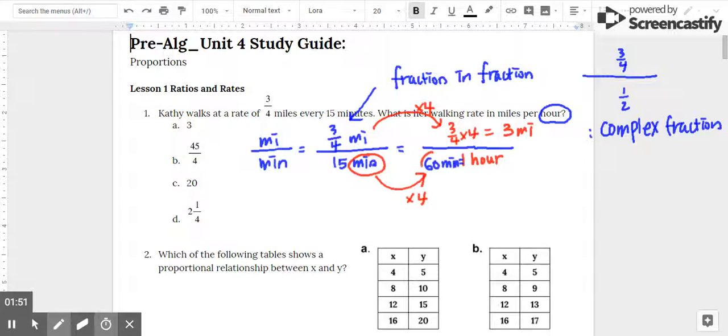The point is you should be able to change hour to minute, and then think about what number you need to multiply to 15 to get 60, and then you do the same thing to the number on the top. It's a fraction, but don't panic. You just multiply. You know that it's 4/1, and then you multiply the top and the bottom, and then you simplify. It's going to be 3.